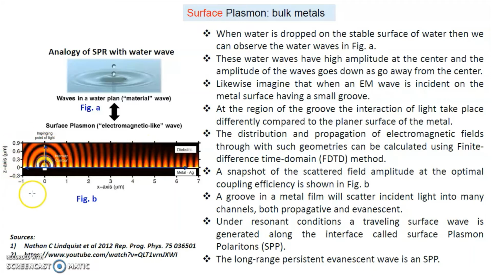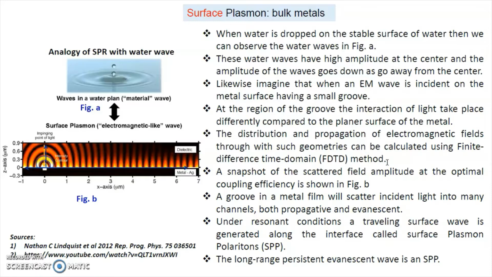What you are seeing is the distribution and propagation of electromagnetic fields through which such geometries can be calculated using the finite difference time domain, that is the FDTD method.